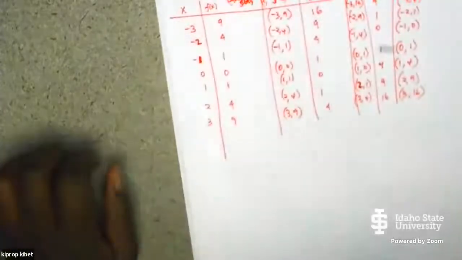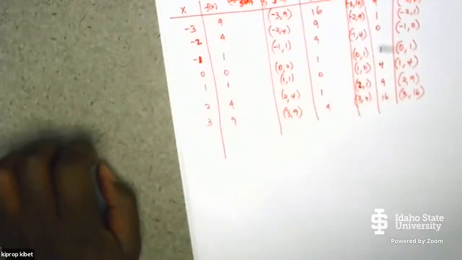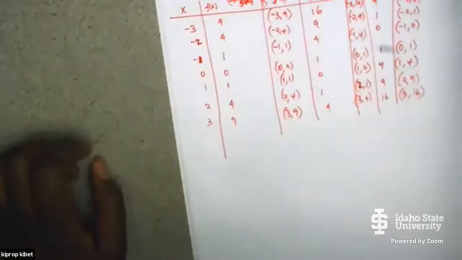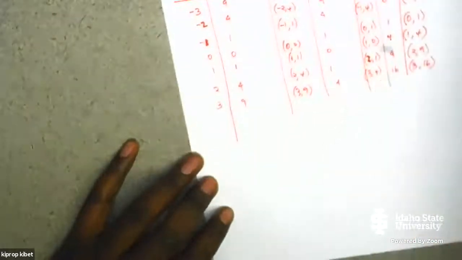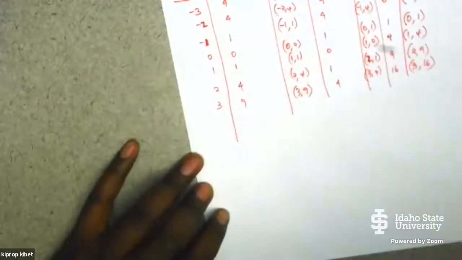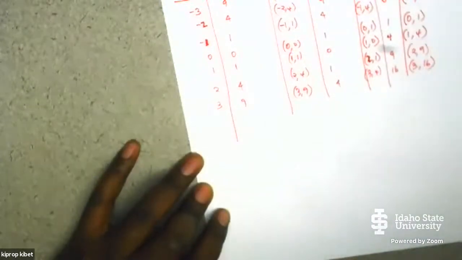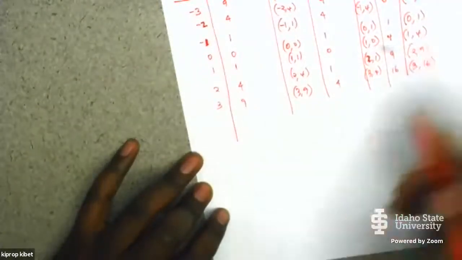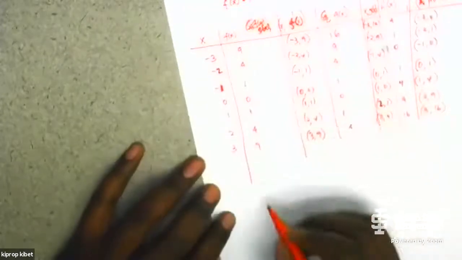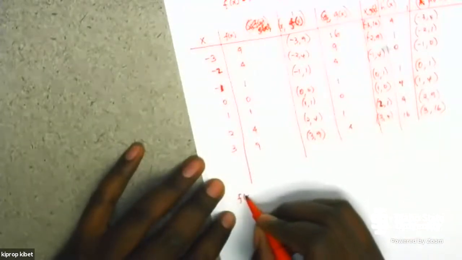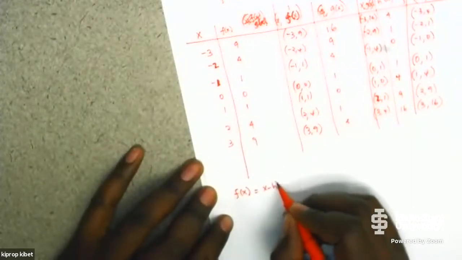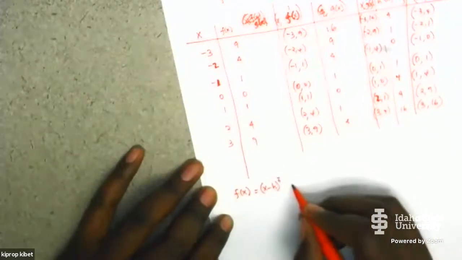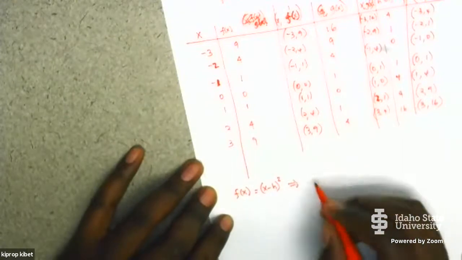So therefore, if we have f of x equals x minus h and then it's square, then it means that this is a shifting.